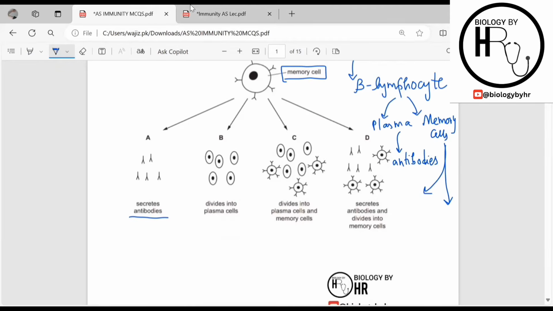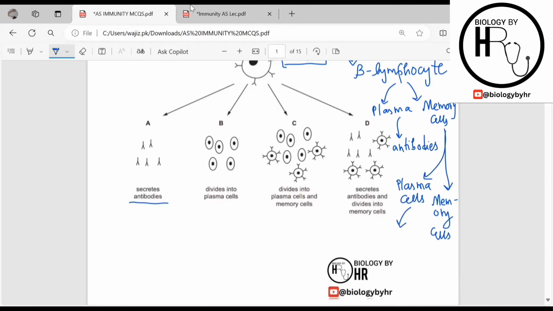When the memory cells carry out the secondary immune response, what do they do? They are again going to divide into plasma cells and again into memory cells. And these plasma cells are then again going to secrete what? Antibodies.